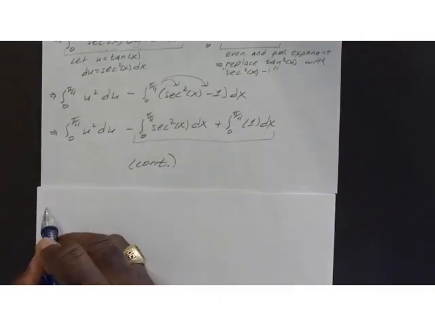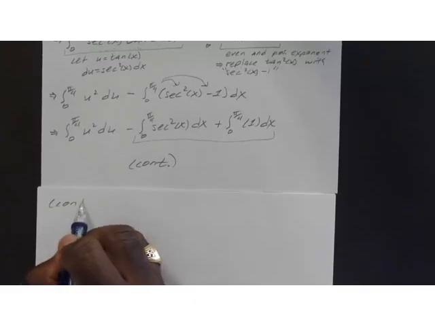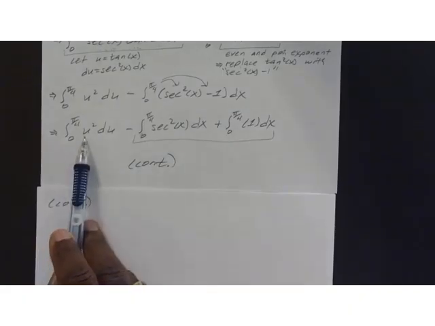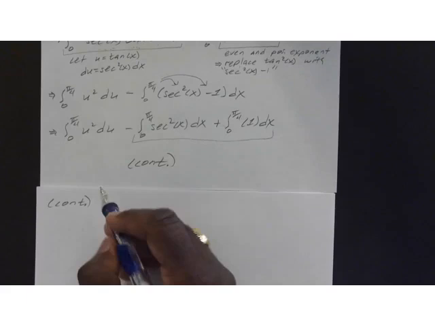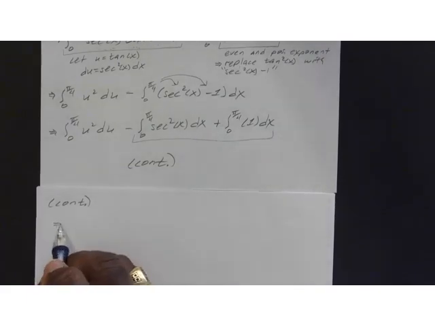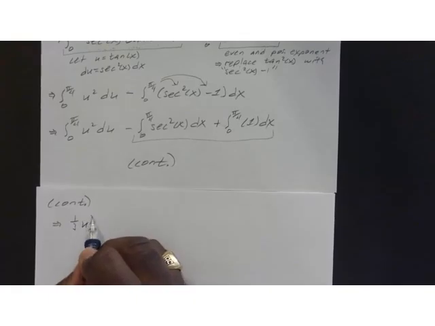And so if we take the integral of u squared, that's u to the third power over 3, so you say 1/3 u to the third power.